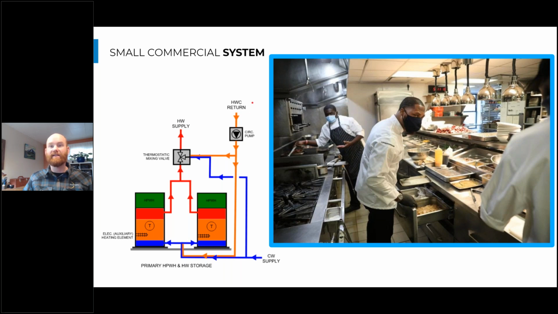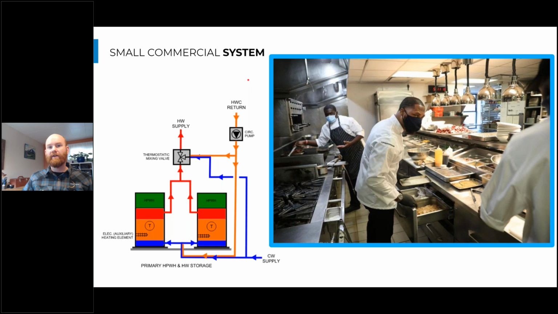Restaurants definitely have a significant water heating load, and it's typically associated with the time of cooking. Kitchens also get warm. If you've ever been in a kitchen, whether it's your kitchen at home or a commercial kitchen, they get hot, and heat pumps are taking heat out of the air, putting that heat into water and discharging cool air. So we can discharge that cooler air back into the space in our restaurant or kitchen environment and cool those chefs and cooks, getting some level of free cooling out of our heat pump technology.